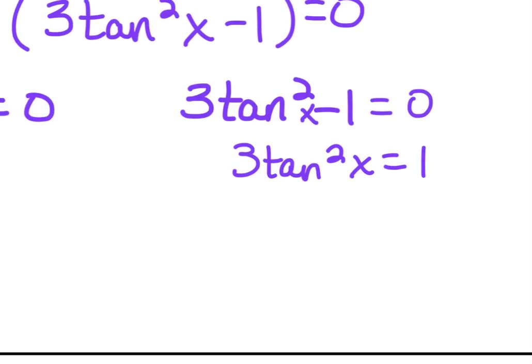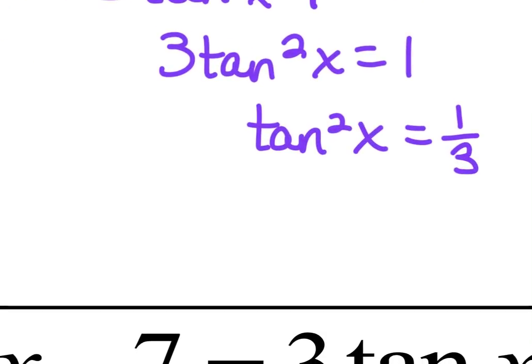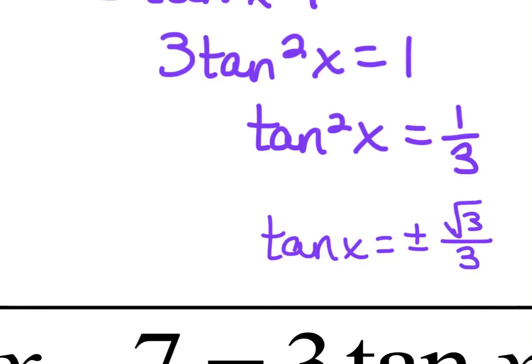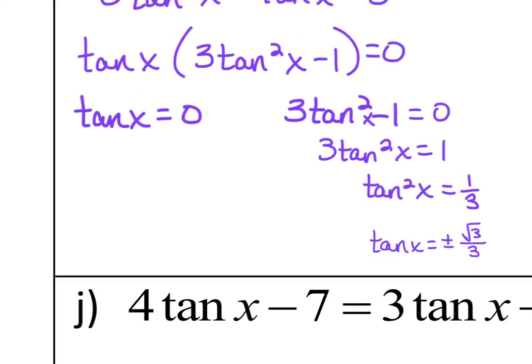And then tangent squared of x equals 1/3. And when you rationalize the denominator here, you get tangent of x. Don't forget your plus or minus radical 3/3. So now I'm looking at tangent of x equals 0 and tangent of x equals plus or minus radical 3/3.